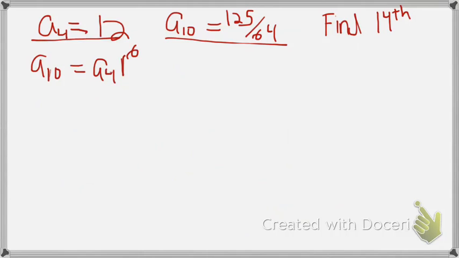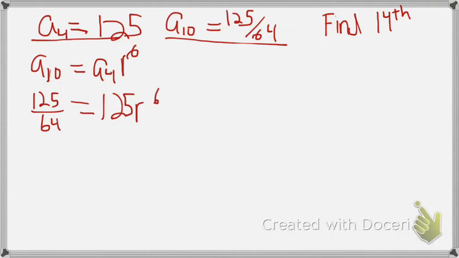So we've got 125 over 64 equals 125r to the 6th, excuse me, not 12. So after dividing and simplifying, you get 1 over 64 equals r to the 6th.